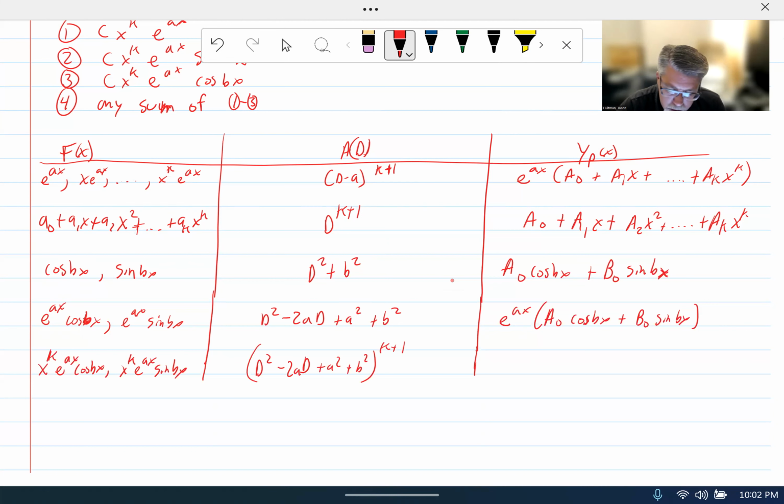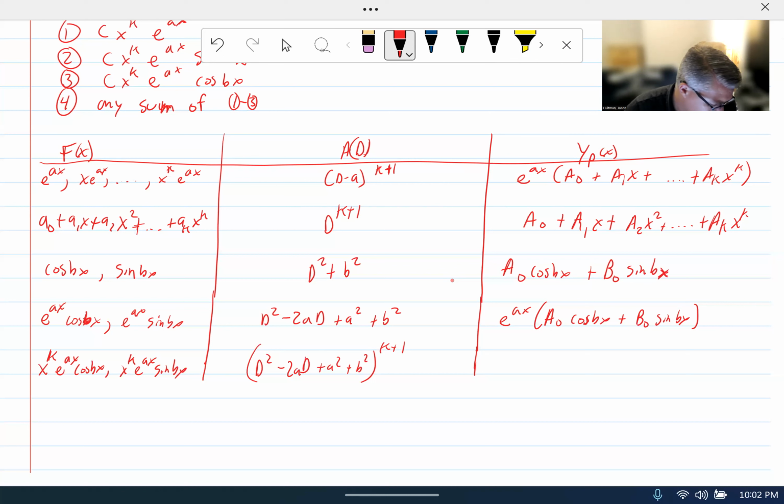We're kind of combining everything. We're combining the e to the ax, which is going to give us D minus a, and then cosine bx and sine bx, that's going to give me the squares. And then the x to the k is going to give me the raised to the k plus 1 power.